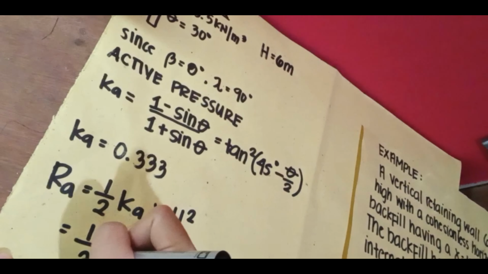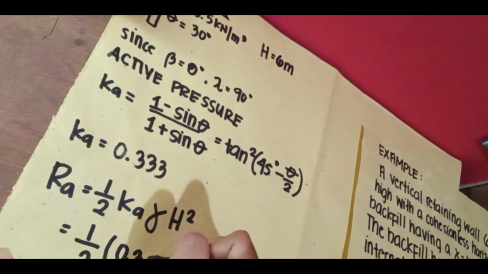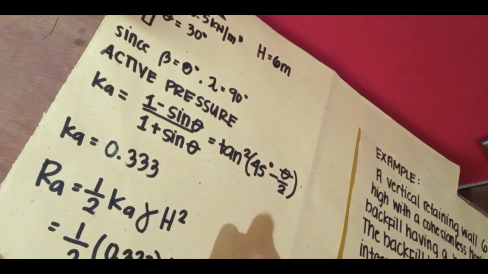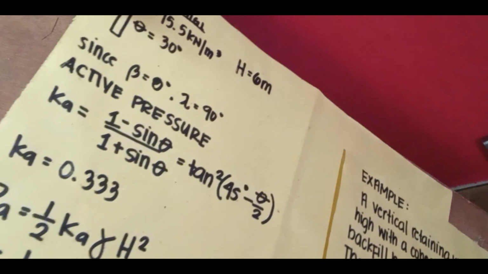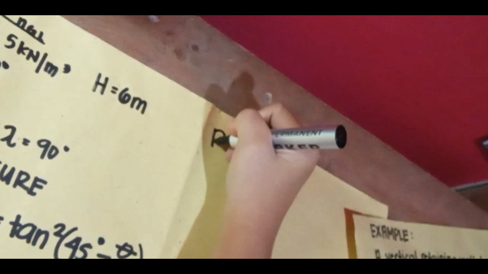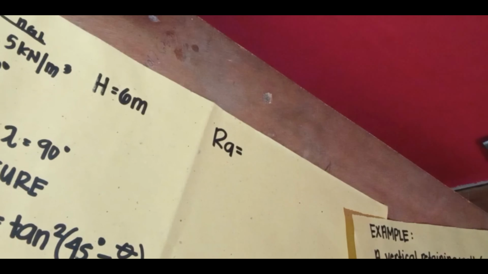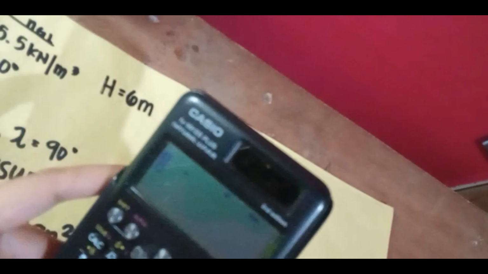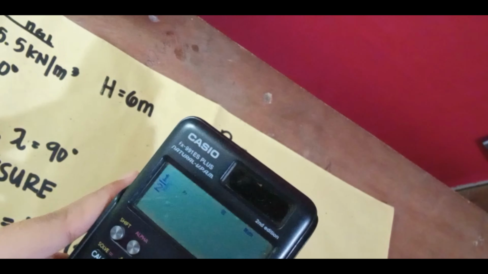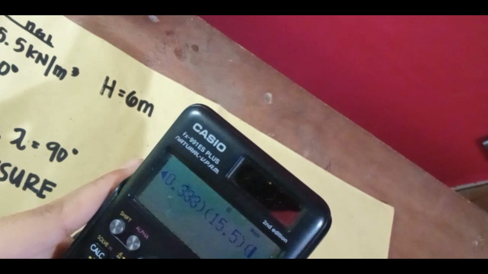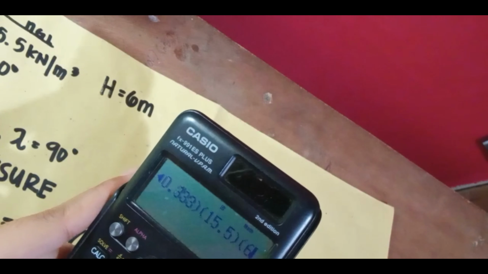So, let's substitute: 1/2 times 0.333 times the unit weight of 15.5 times 6 squared.